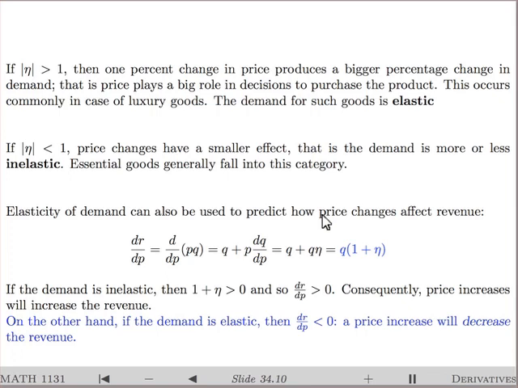If the demand is elastic, so eta is between -infinity and -1, Q times 1 plus eta is negative, so dR over dP is negative. Price increase causes a bigger percentage decrease in demand, so the demand decreases more than the price increases.